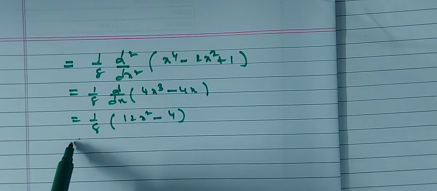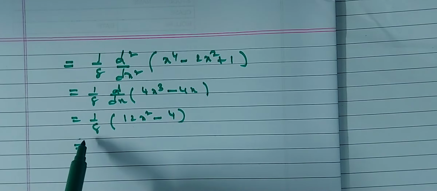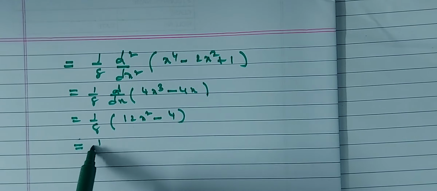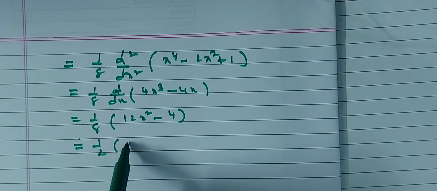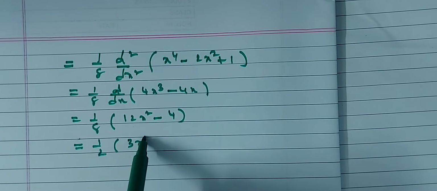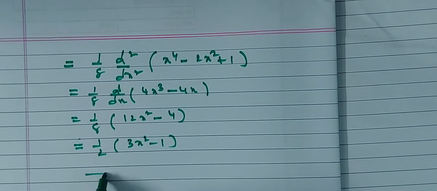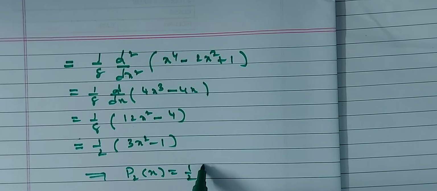Taking 4 common, it cancels, so 1 by 2 into 3x square minus 1. This implies P2 of x is equal to 1 by 2 into 3x square minus 1.